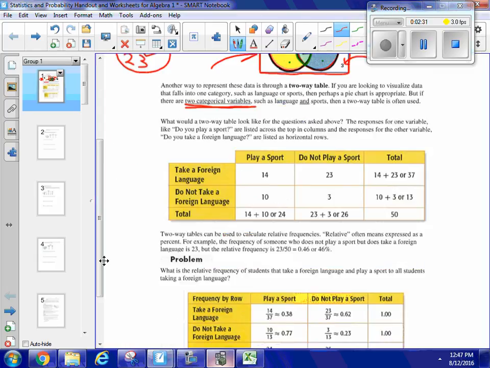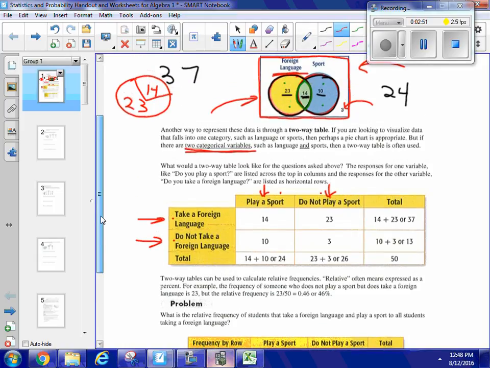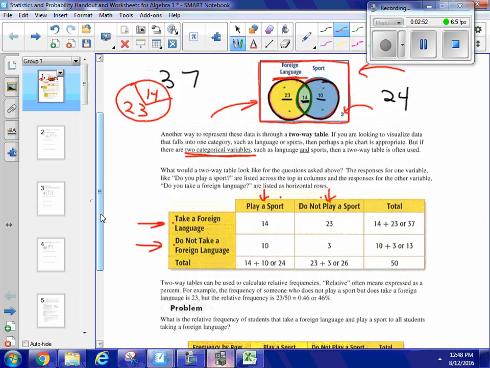So you can kind of see right here, I have my rows: either you take a foreign language or you don't take a foreign language. And my columns: you either play a sport or you don't play a sport. And the numbers will line up the same as on our Venn diagram. Those who take a foreign language and play a sport, that's this intersection, and that's why we have that number 14.